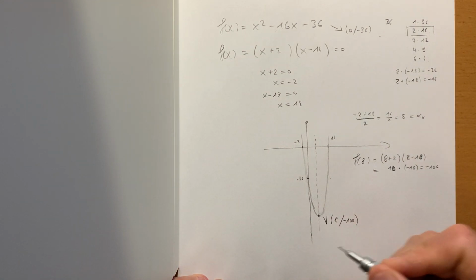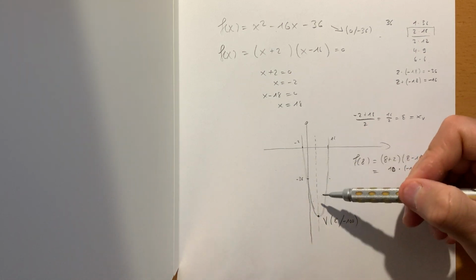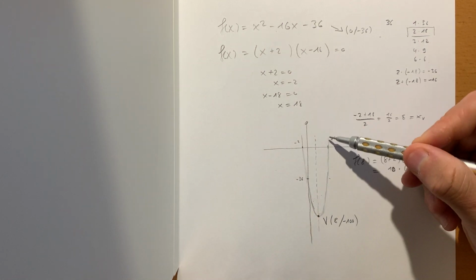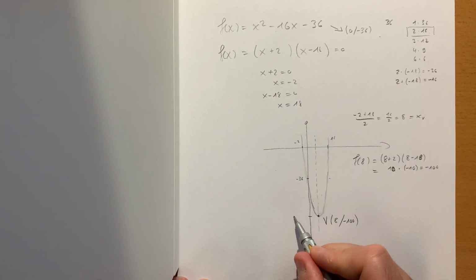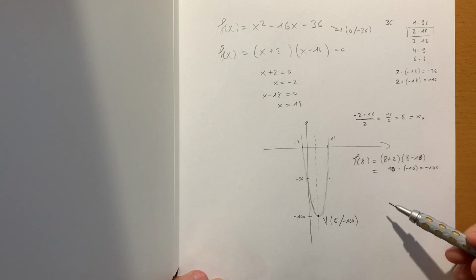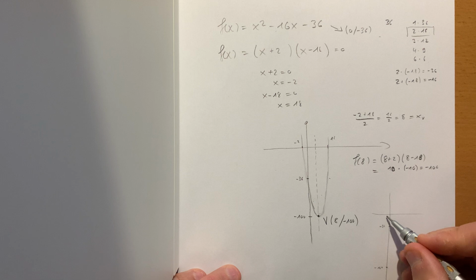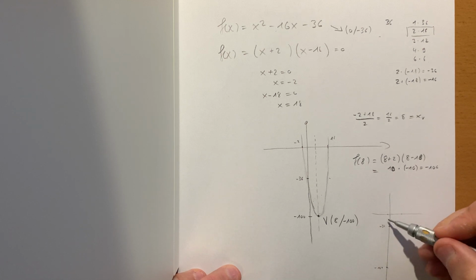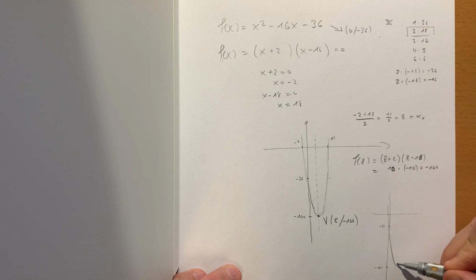Okay. So clearly it's a very mediocre hand sketch, but it helps to understand what the graph looks like. You could obviously get a better one and say, well, let's say this is minus 36, this would be minus 100, and here like this.